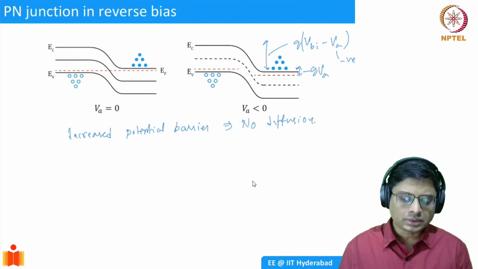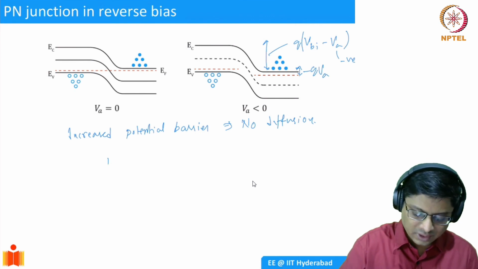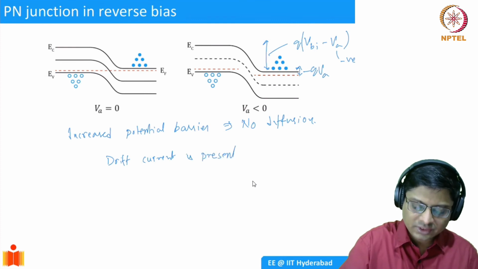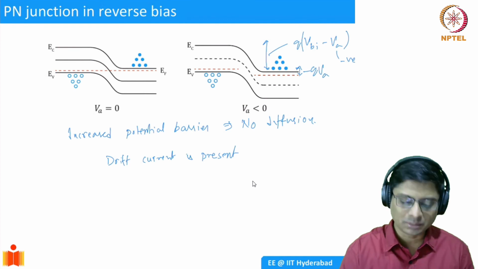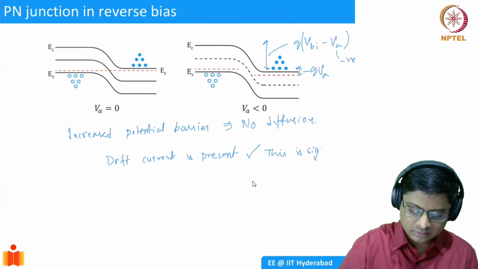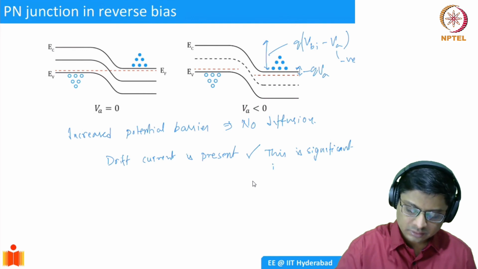So you essentially have some drift current. Drift is still present. Drift current is present, and this is significant now because the dominant contribution is not there. This is the most important. So this is significant in reverse bias.